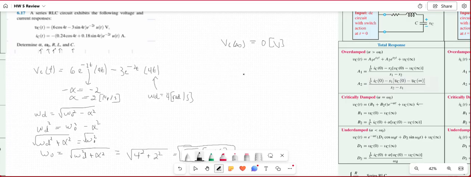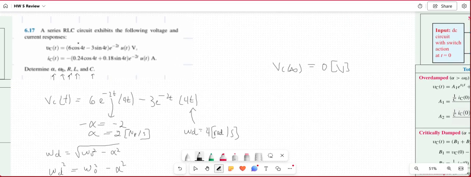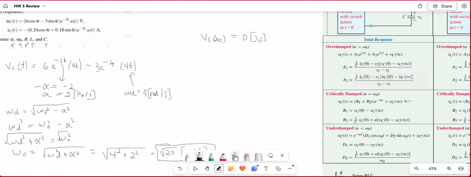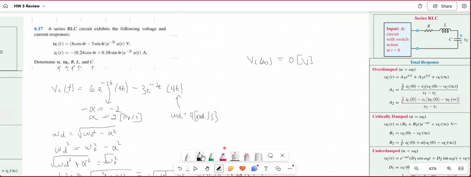And we can also see that D1 and D2 are given to us up here.